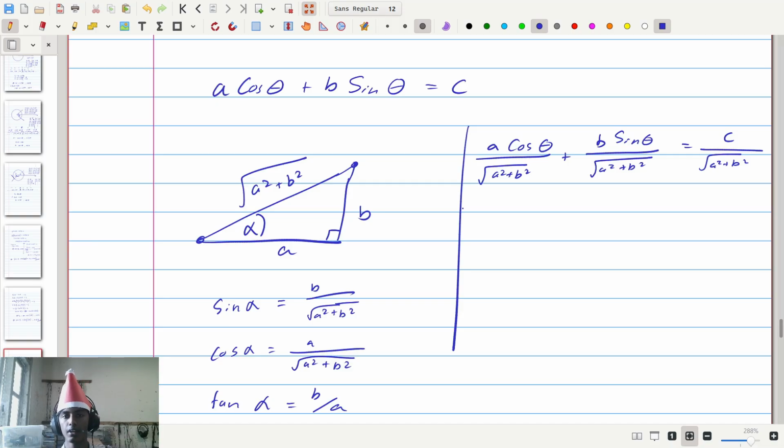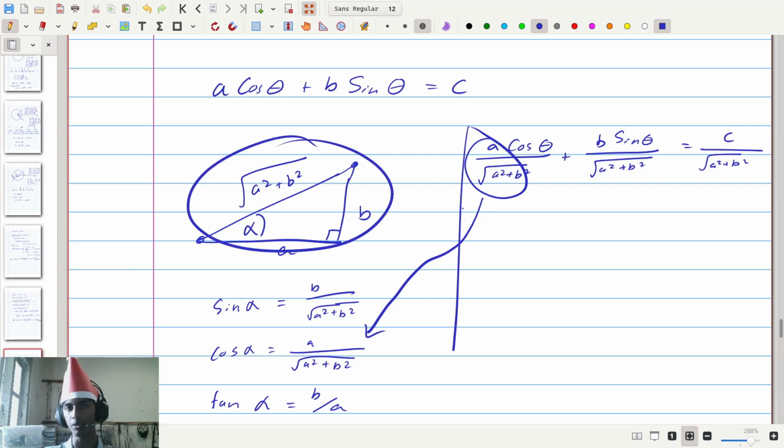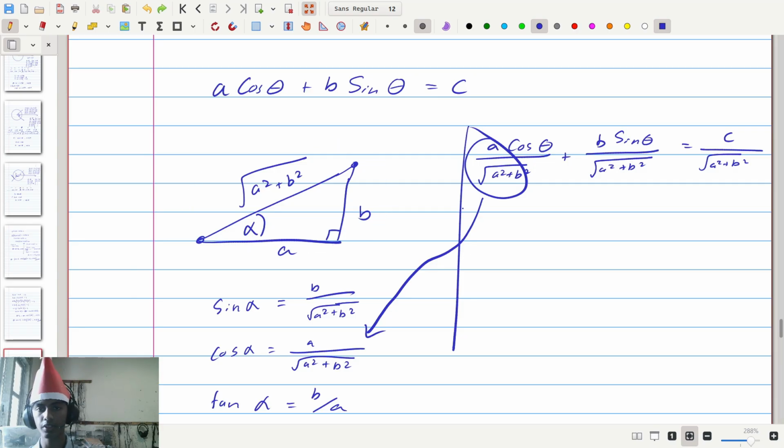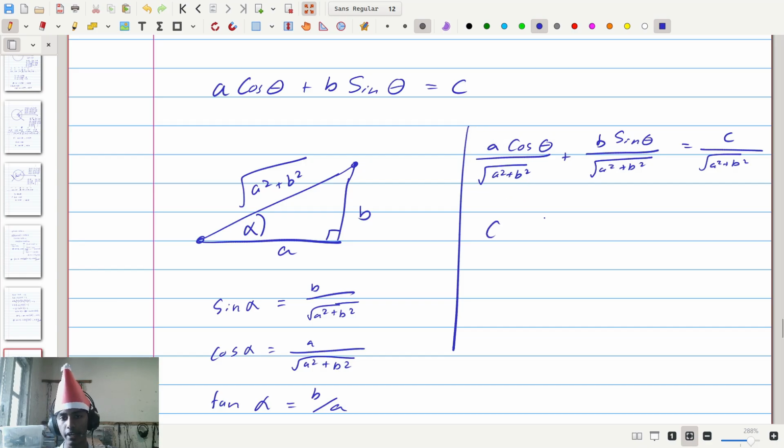So here, notice what we have over here and here. This right here is the cosine of alpha for whatever angle alpha is within this triangle which we've constructed here. So we can replace a divided by root of a squared plus b squared with cosine of alpha.